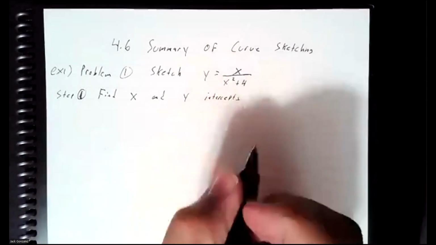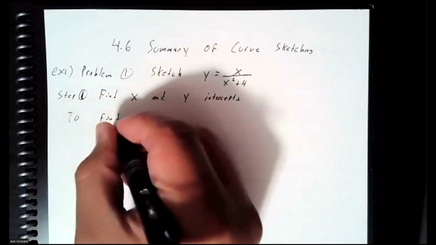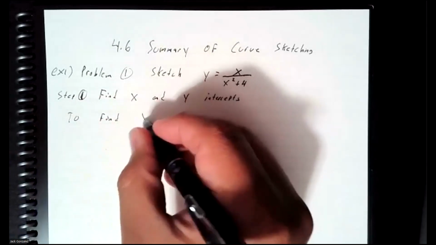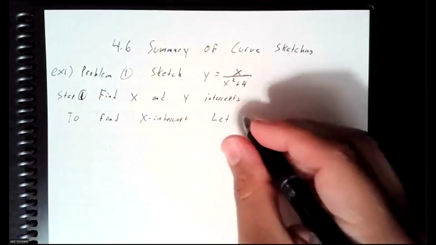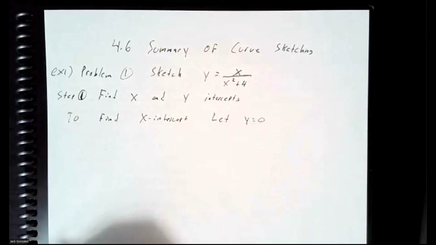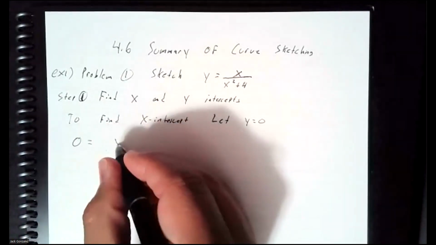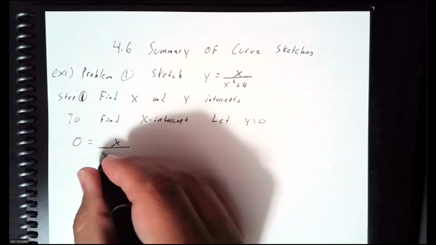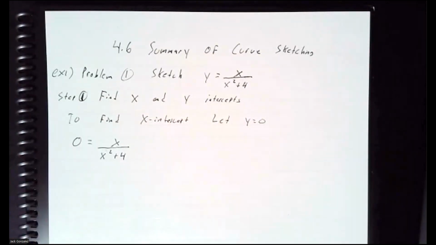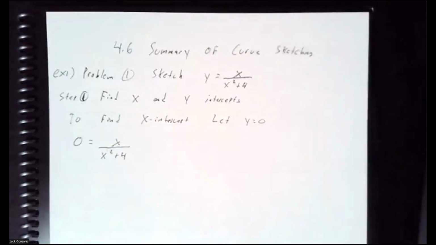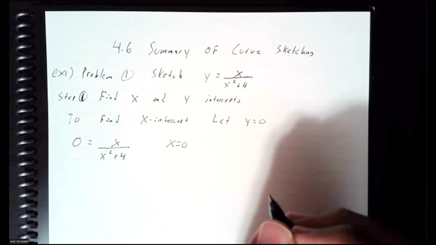So first step is find the x and y intercepts. Just a review: to find the x-intercept, let y equal 0. So here we go. 0 is equal to x over x squared plus 4. The only way that will be 0, do you agree, is when x is 0? Yes.